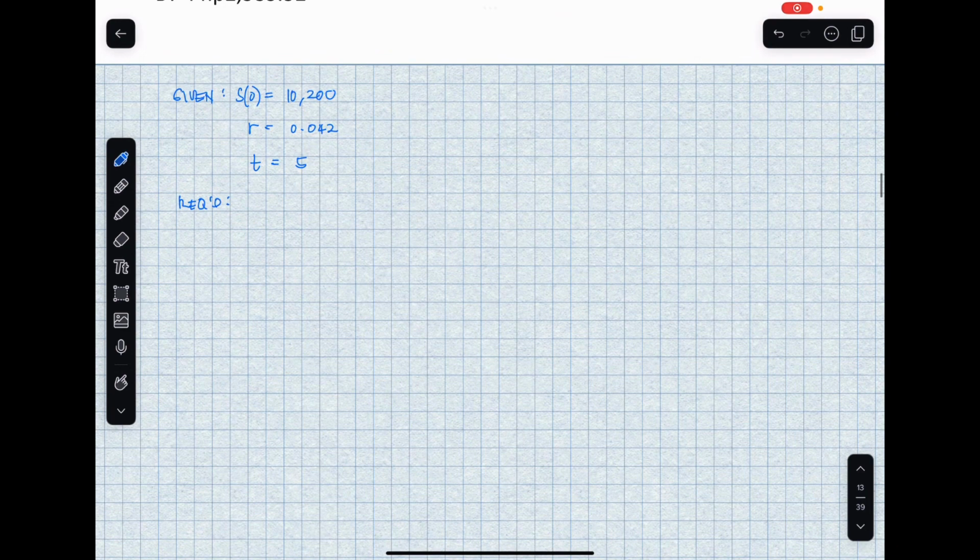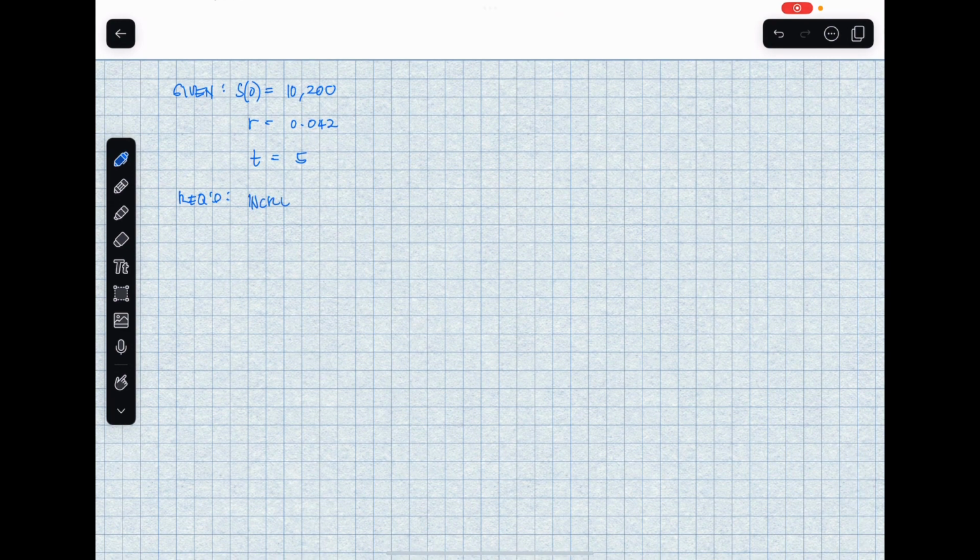So the increase would be equal to S after 5 years minus S initially. We are already given S initially, which is 10,200. So we just need to find S of 5.